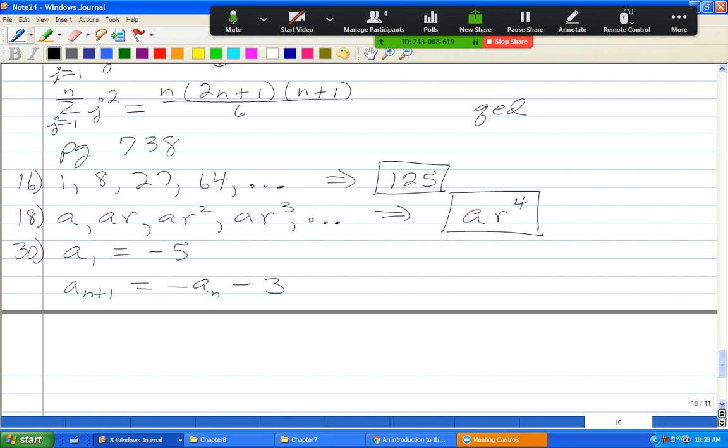Assume that each sequence is defined recursively, and so this is a recursive definition. Find the first 4 terms of each sequence.